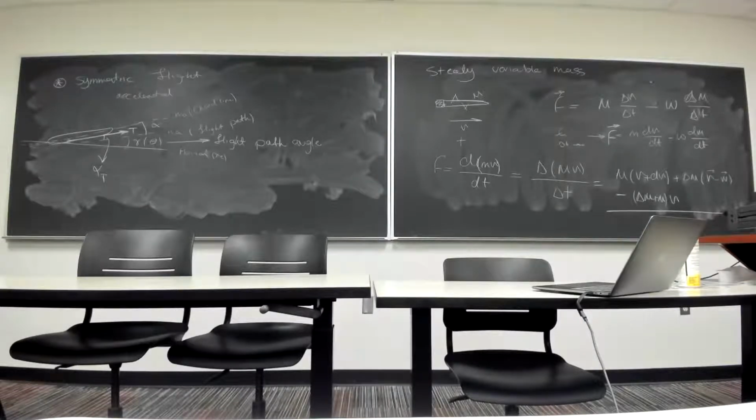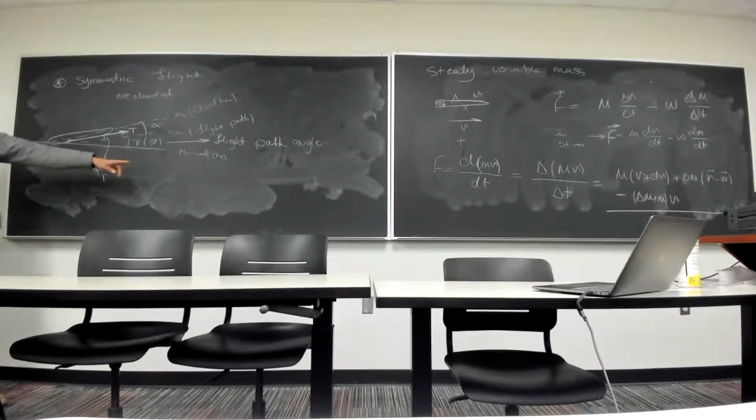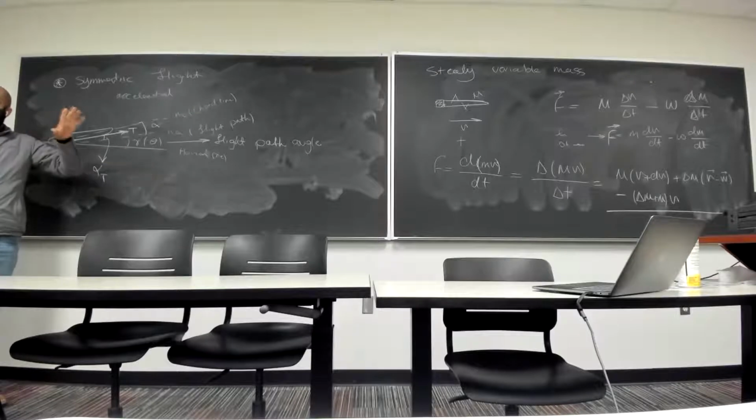Since we are simplifying things, we are not going to use theta for any other things anymore. If you were dealing with a three-dimensional thing, theta has a previous definition. But if you are dealing with a symmetric flight, theta is going to be the flight path angle. Is this clear?